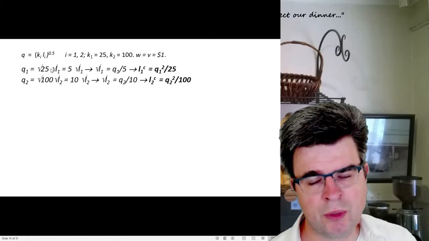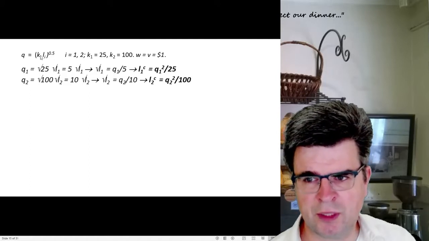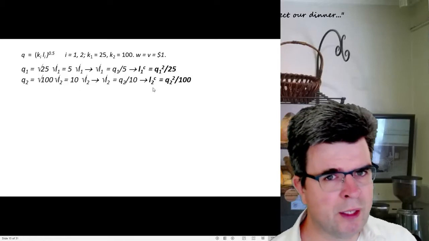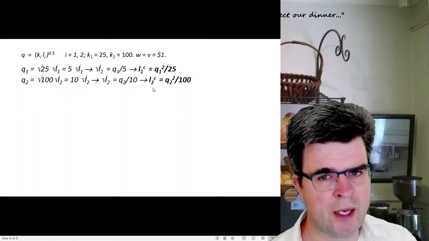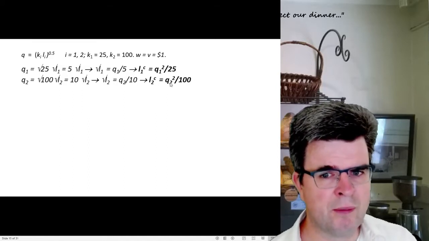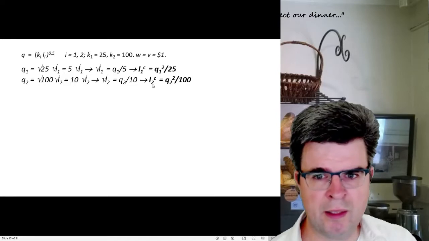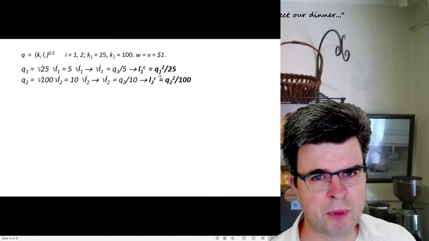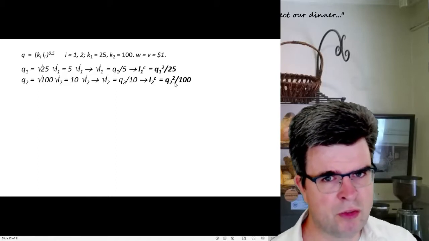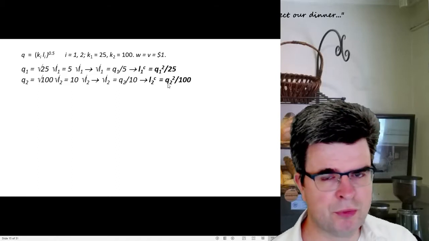But there 100 units of capital are in place, so the K gets replaced by 100. Doing the same derivation, we get the contingent demand for labor at firm 2 being equal to Q2 squared divided by 100. And here, of course, it's important to distinguish between the production at plant 1, Q1, and the production at plant 2, because they may be different.